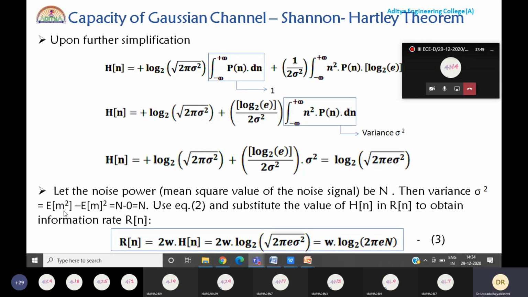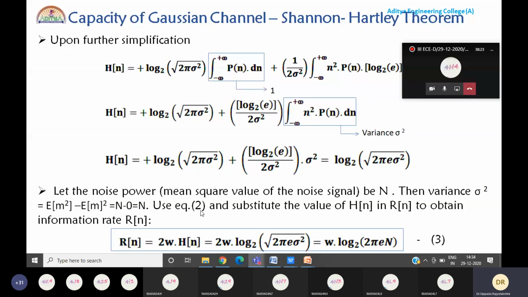This expectation of n square is nothing but the mean square value of the noisy signal. So I can replace the first term with capital N, and the expectation of n, the mean value, is 0, so 0 square will be 0 only. So finally we obtained the variance as capital N, equal to the noise power, that is the mean square value of the noise signal.